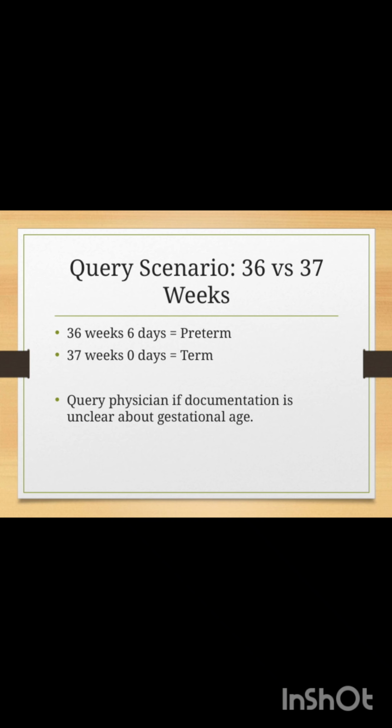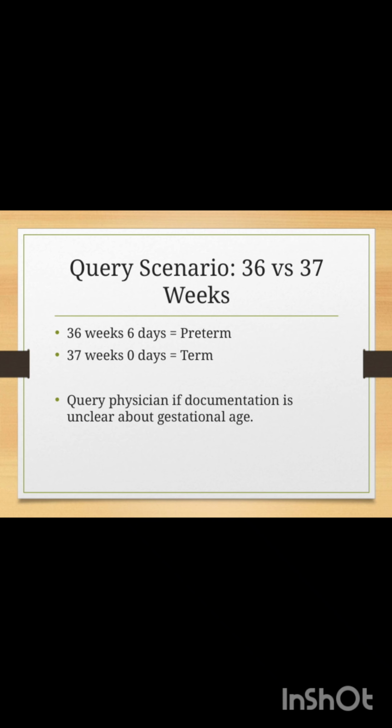If there's any uncertainty about the gestational age, say, whether a baby is 36 weeks and 6 days or 37 weeks, it's crucial to check with a physician. Always ask for clarification or documentation to be sure. This is especially important because the classification can impact care decisions and outcomes. Remember, accurate gestational age helps us determine the right approach for each newborn, aligning with our overall goal of providing optimal care.